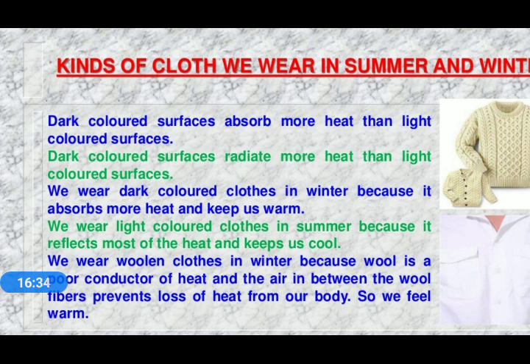We wear light colored clothes in summer because they reflect most of the heat and keep us cool. We wear woolen clothes in winter because wool is a poor conductor of heat, and the air in between the wool fibers prevents loss of heat from our body, so we feel warm.